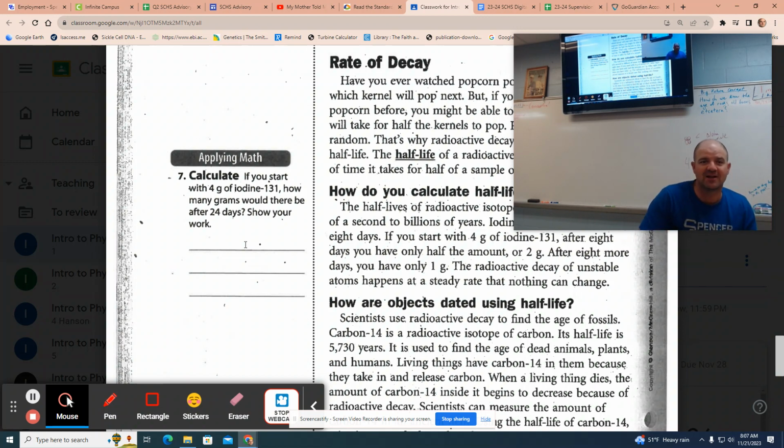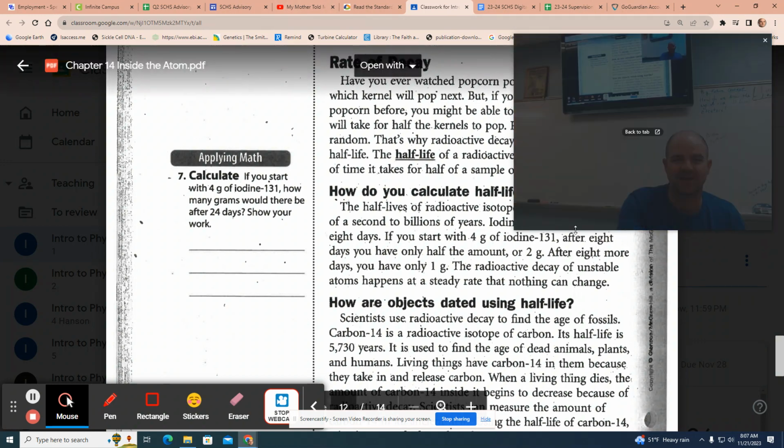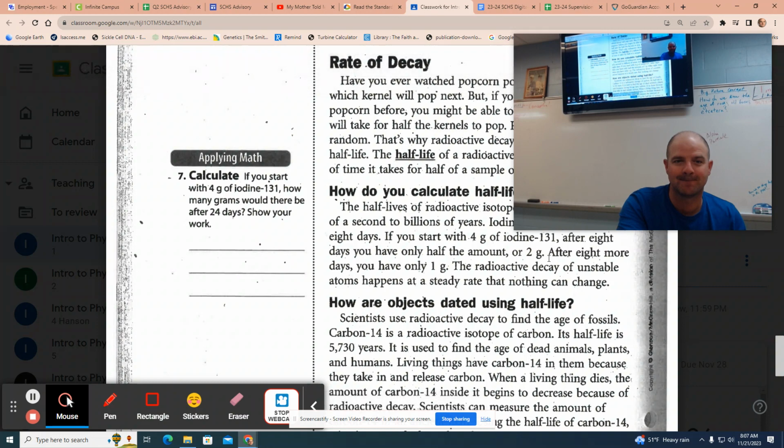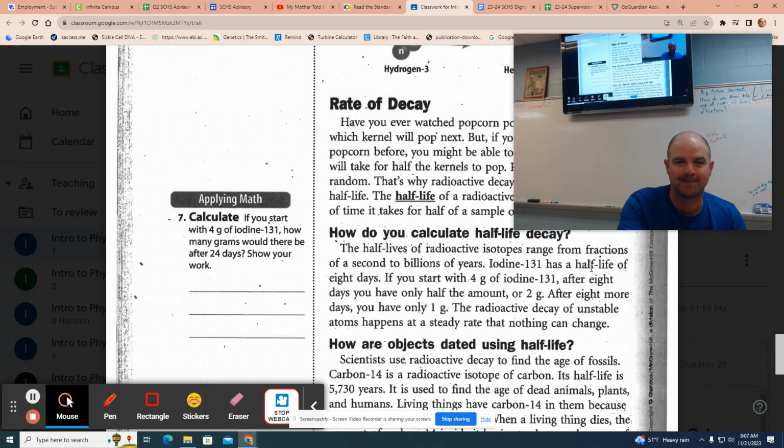Its half-life is how long? 8 days. And we're talking about 24 days later. Well, 24 divided by 8 is 3. Would we have any left?